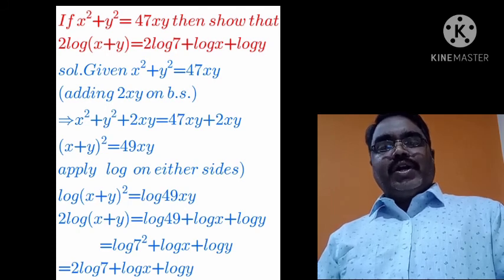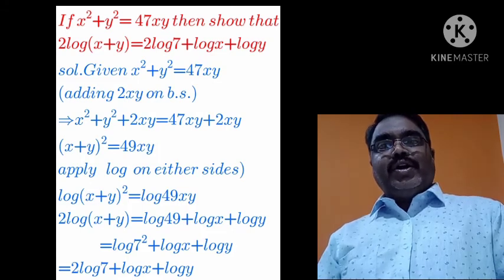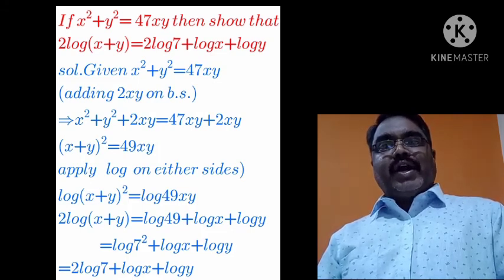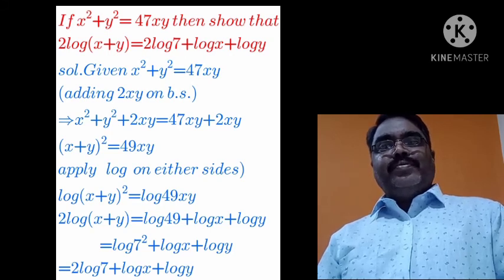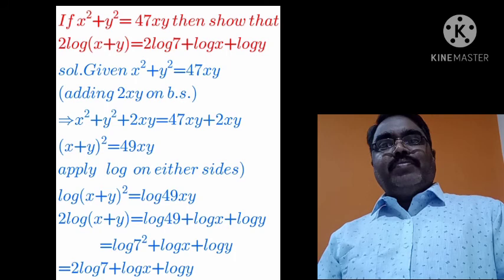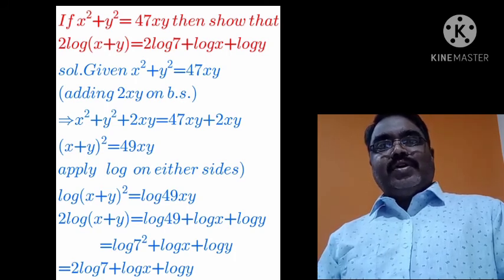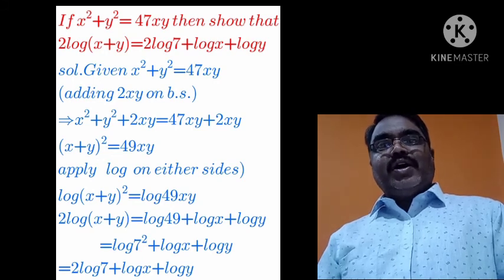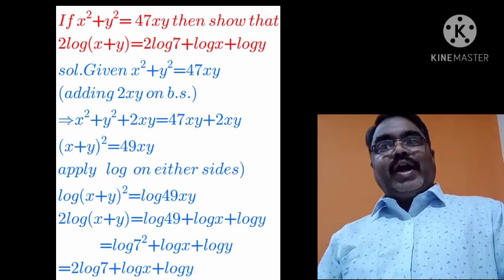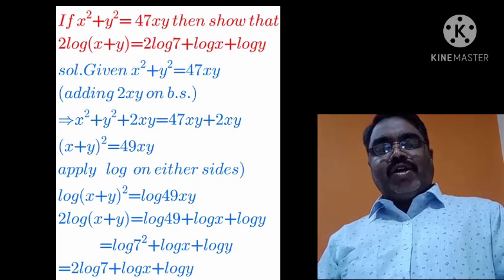That means logarithm of product is equal to sum of their logarithms. Here product of 49, x and y. By making use of the product rule, write logarithm of 49, logarithm of x, logarithm of y and their sum. That means log 49 plus log x plus log y.